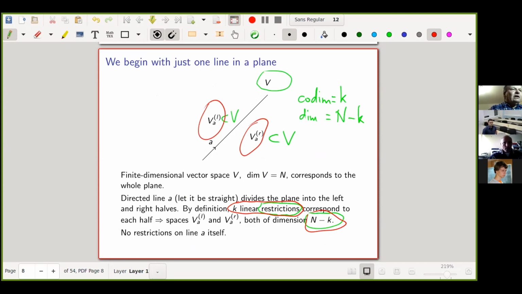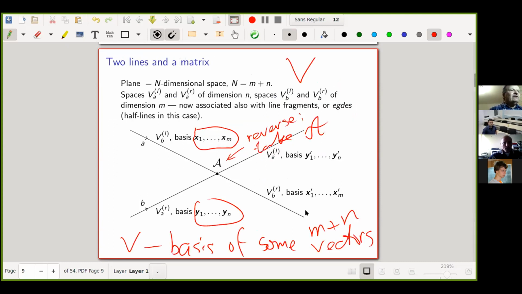And if you have several lines, for instance 2 lines, then each of them provides one set of restrictions to the right of it and one set of restrictions to the left of it. So can I think that we associate with each corner some intersection of two spaces defined by restrictions from these lines?